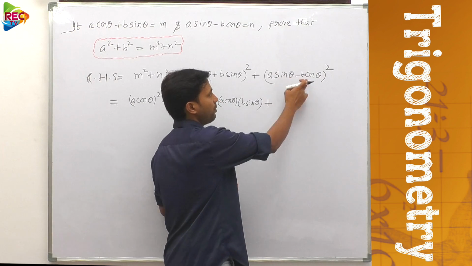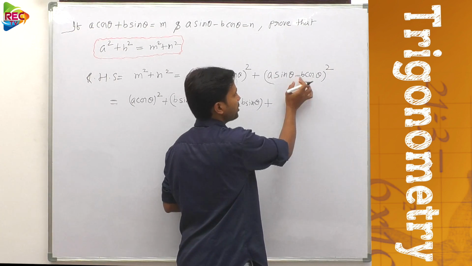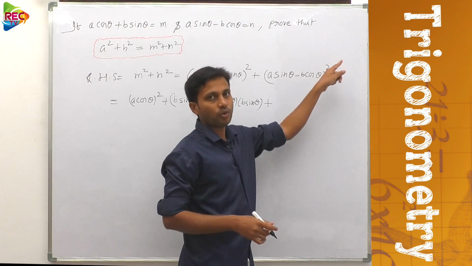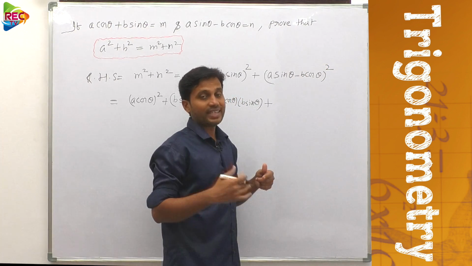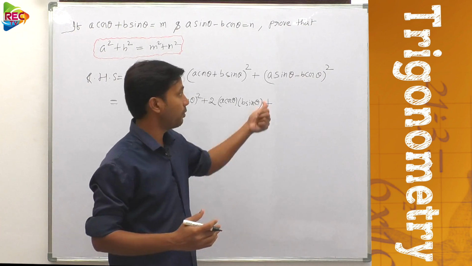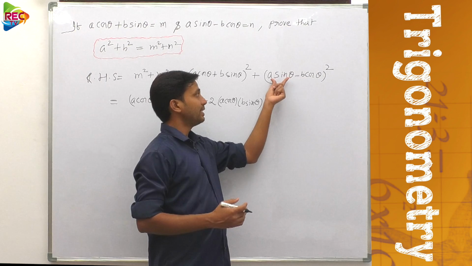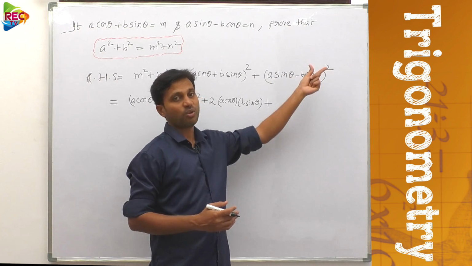Okay, now let us do the expansion for the second term. Now this is in the form of a minus b, because in between them minus symbol is there. So a minus b whole square. Understood? Here a minus b whole square means a sin theta minus b cos theta whole square.